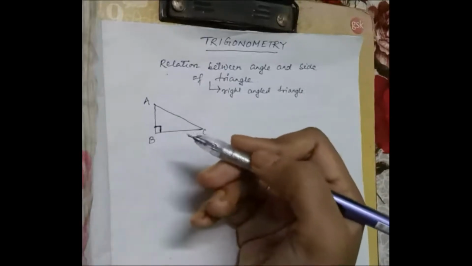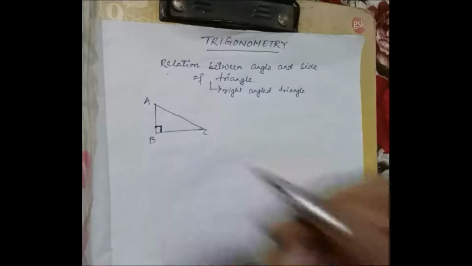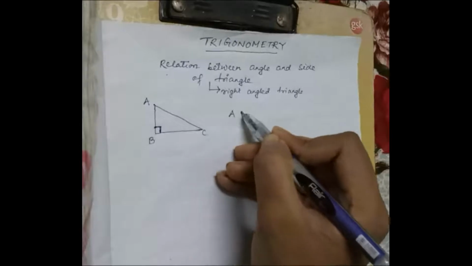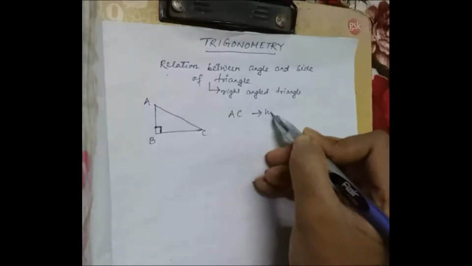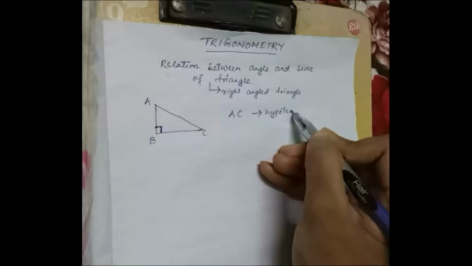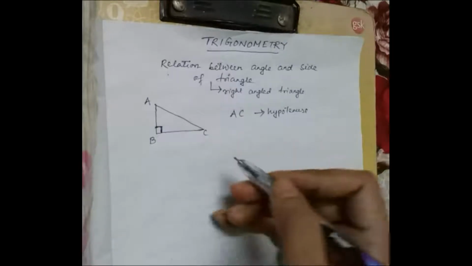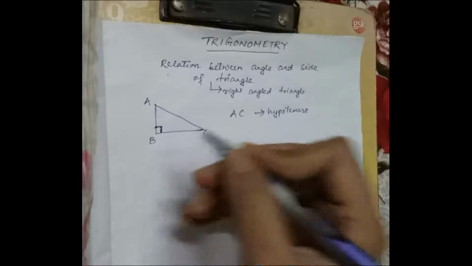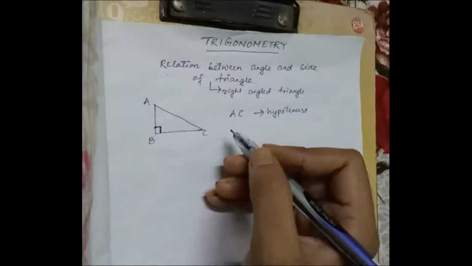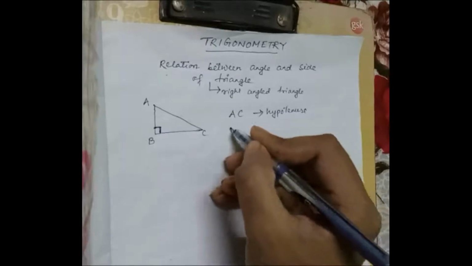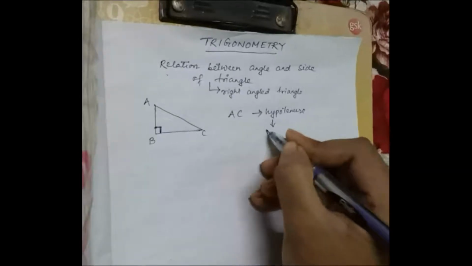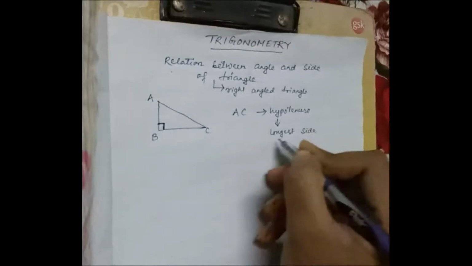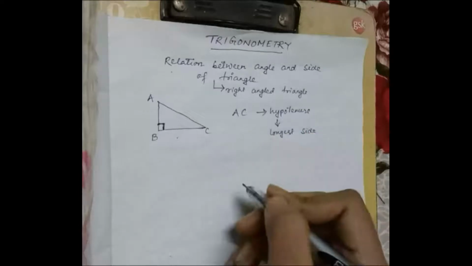Okay, so which one will be the hypotenuse? Hypotenuse will be AC. Let me write hypotenuse. How can you understand which one will be the hypotenuse of that right angle triangle? The hypotenuse is the longest side of that right angle triangle.